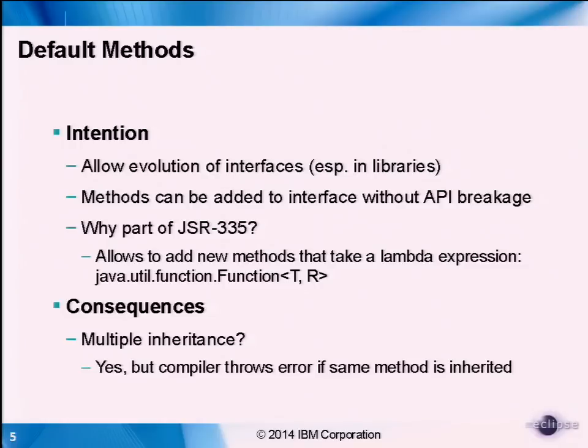You can now inherit implementations from different branches of your inheritance tree. What the compiler actually forbids is this: as soon as it detects the same method twice, even if it comes from the same super interface, it will throw an error. And we will see later in the code how you can actually fix that, but you should always avoid that. This is bad design and it will not work in the future.